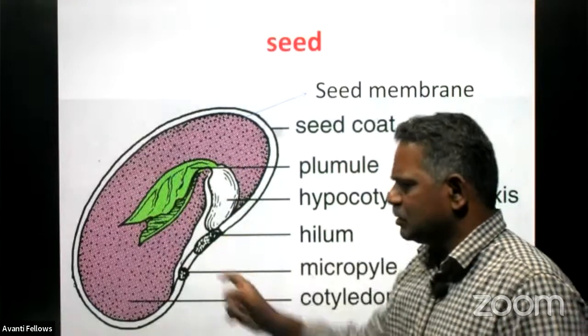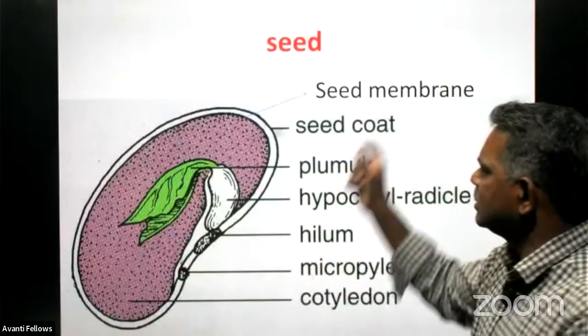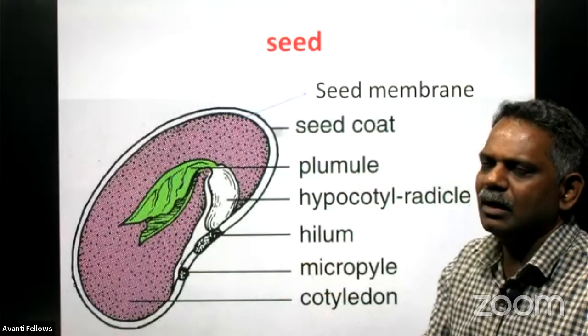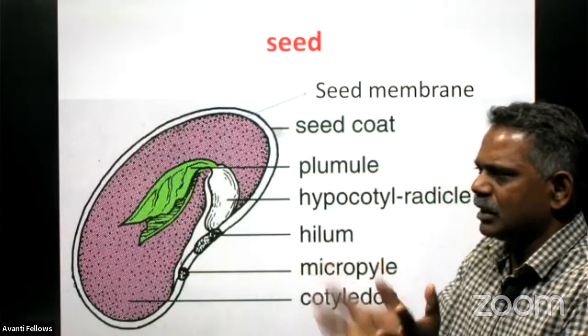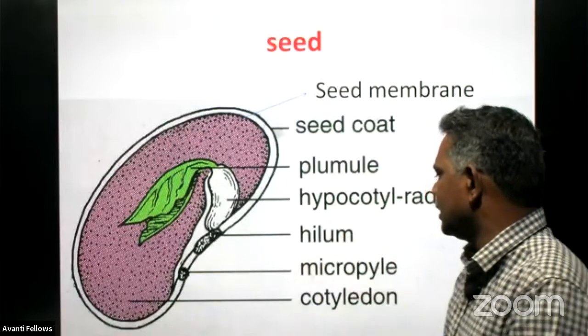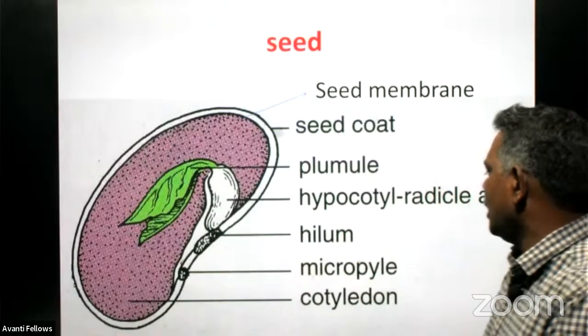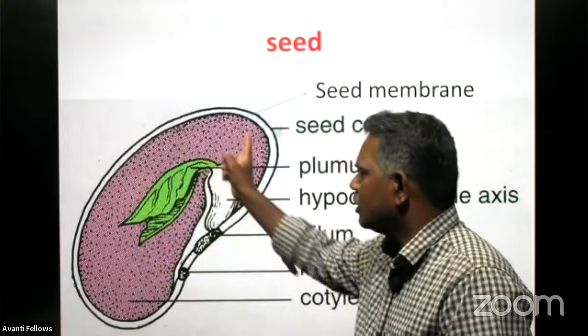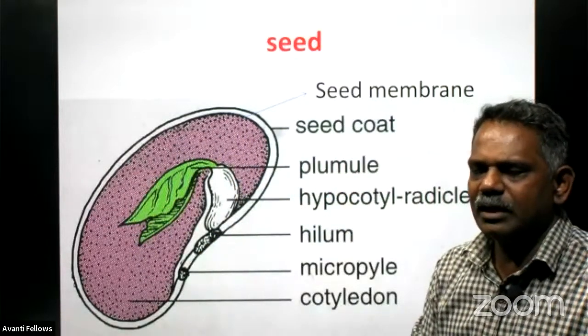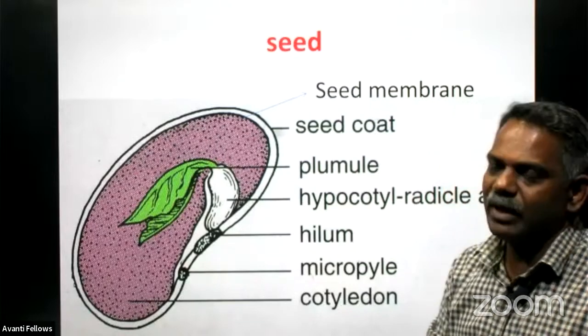And the hilum is a small marking in the seed where it was attached to the ovary wall in the placenta. That region is called the hilum, and this is the cotyledon. The cotyledon is actually part of the embryo, but it is exclusively for the storage of food material.